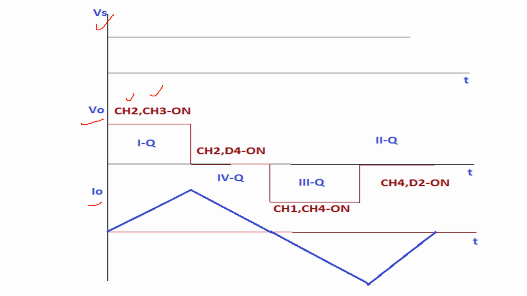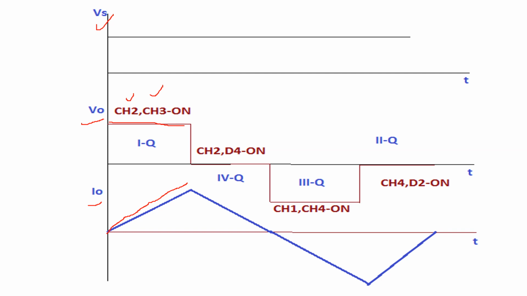Due to the conducting of CH2 and CH3, we get output voltage V0 the same as Vs, that is V0 is equal to Vs, and the inductor starts charging, so the load current starts increasing in the positive direction.